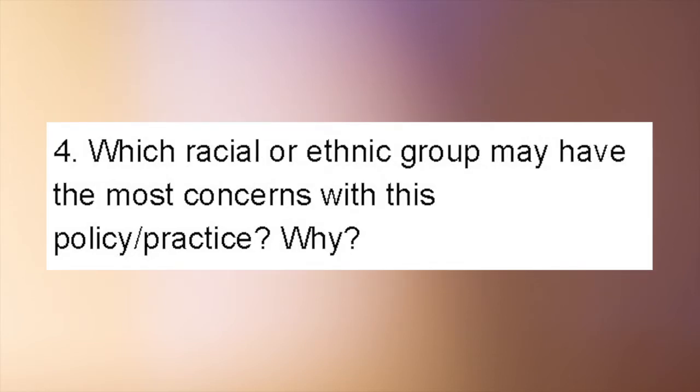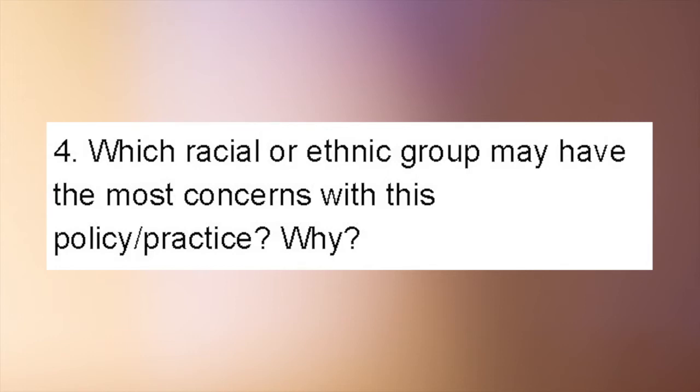Question number 4, similar to 3, but not the same. Which racial or ethnic group will have the most concerns with this proposal or initiative, and why? Again, this is a 2-part question, and we have to identify the racial or ethnic group that has the most concerns and explain the why.